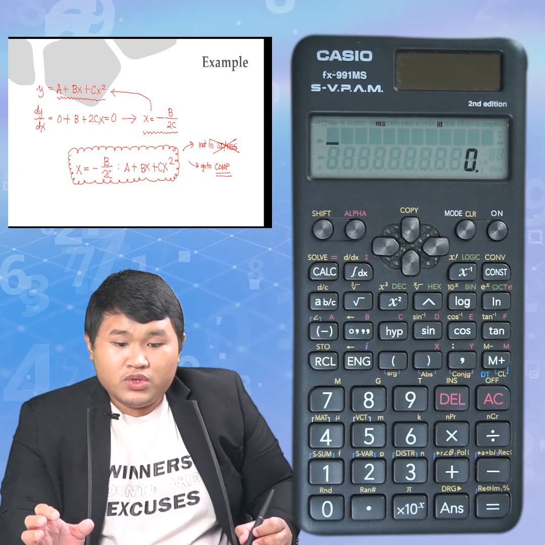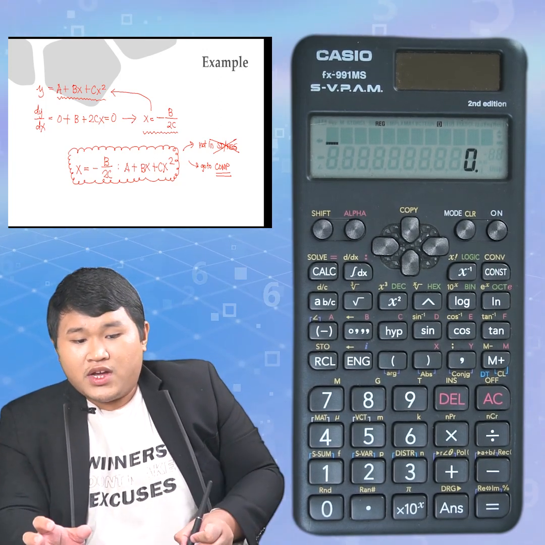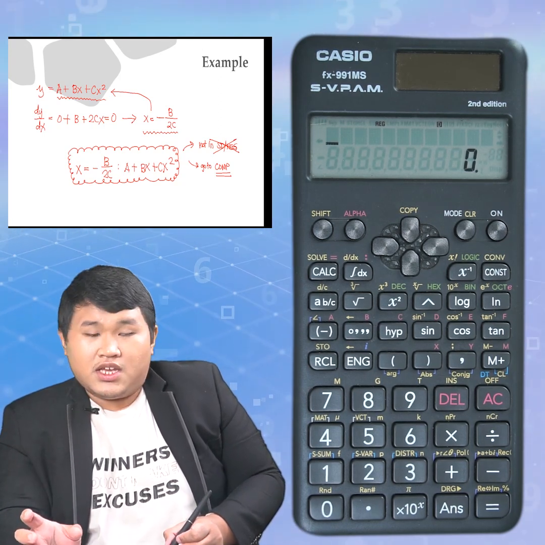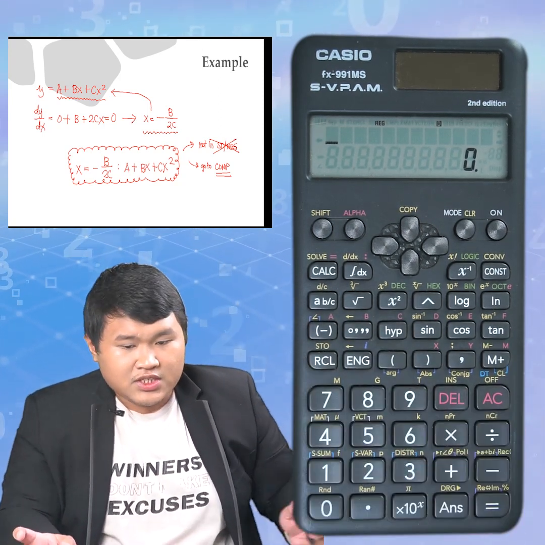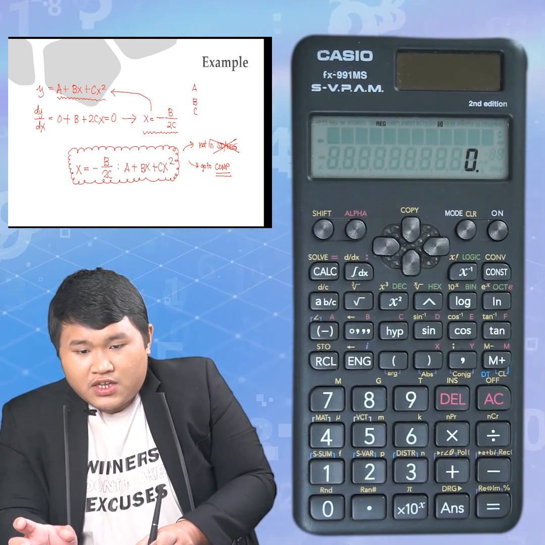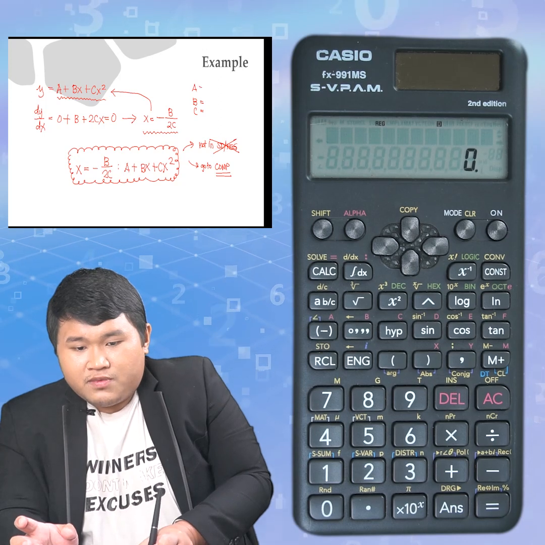Now, to be able to do that, first you need to store the values of A, B, and C into the storage variables A, B, and C respectively. So first, let's determine the values of A, B, and C. That's our first objective.